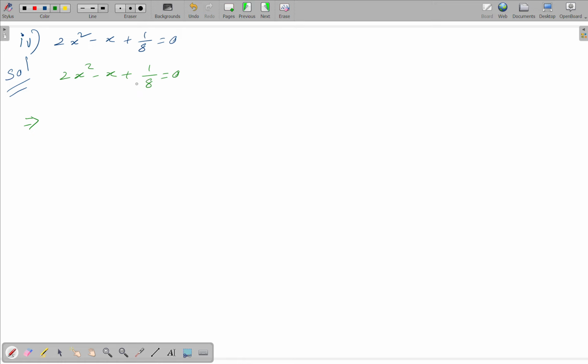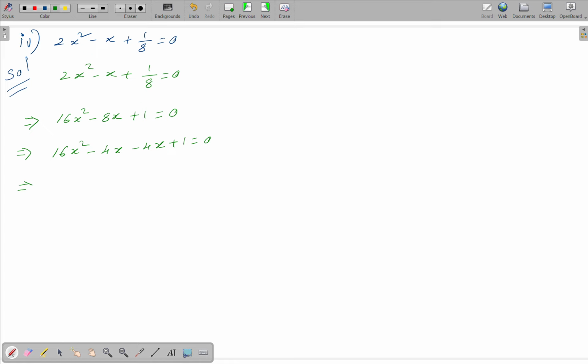That implies when you multiply the whole equation by the denominator 8, 16x square minus 8x plus 1 is equal to 0. That implies 16x square minus 4x minus 4x plus 1 is equal to 0. So we are splitting the middle term equally.